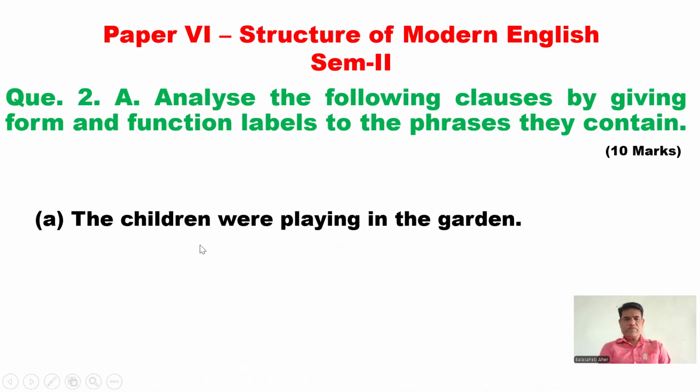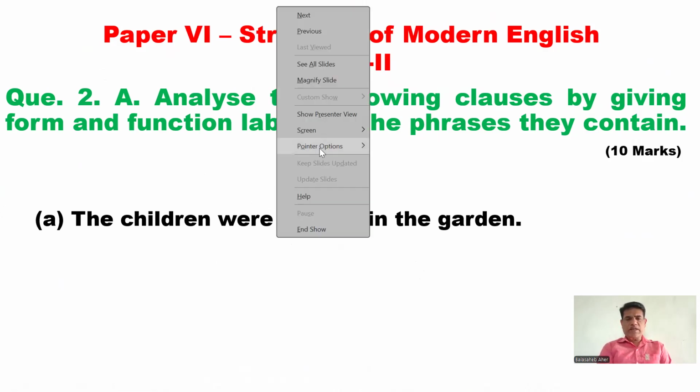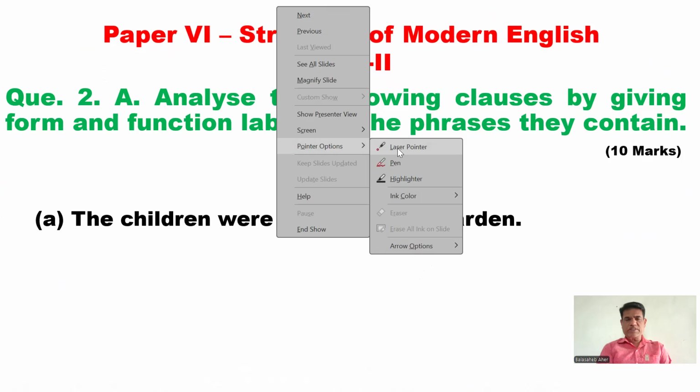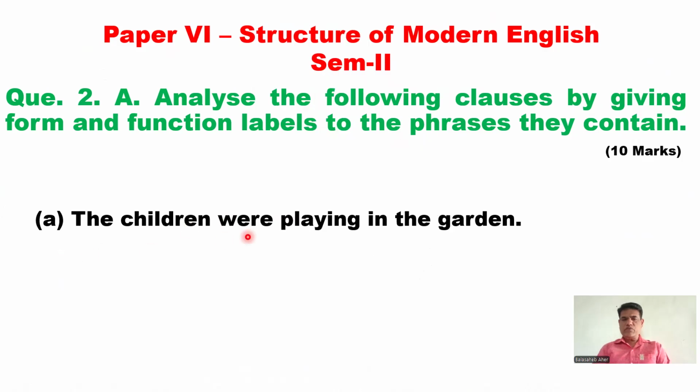This question contains three or four types of examples. The one that I have taken is: The children were playing in the garden. So this is the first example.